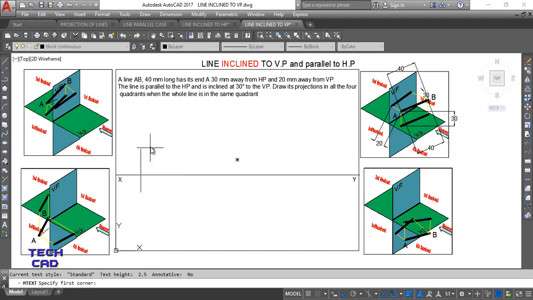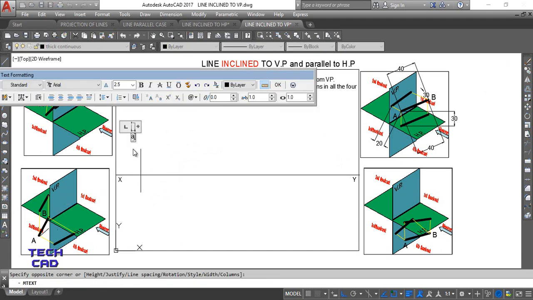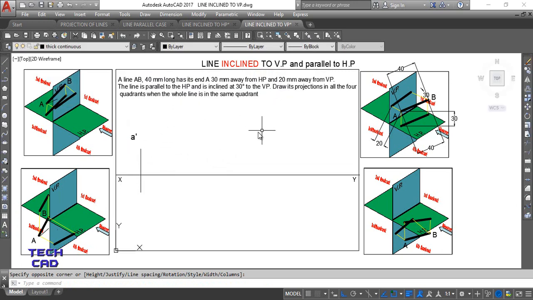Okay, now I make a nomenclature here. So this is A dash. Improve its text height, I'll make it 7. Okay, like this. Now I select it and move it to my point.